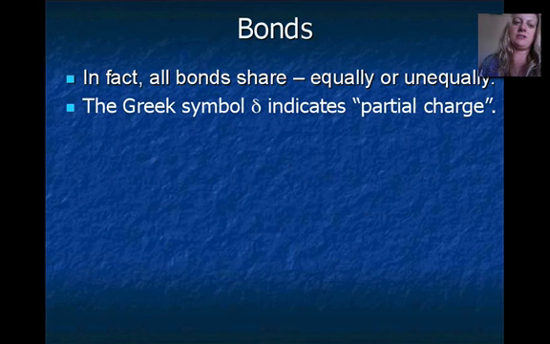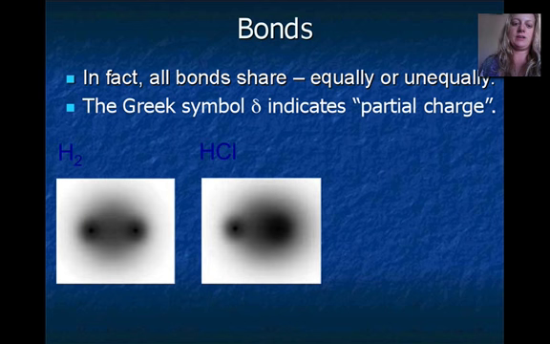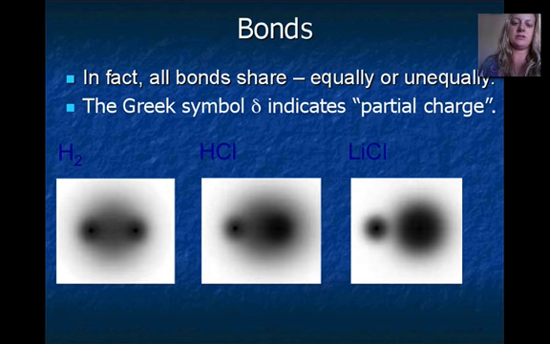So, in fact, all bonds share equally or unequally. Here are some examples. These are real pictures, and you can see the pull of electrons, and that the electrons are not distributed evenly throughout the nucleus, but that the darker spots are found closer to one nucleus than the other.